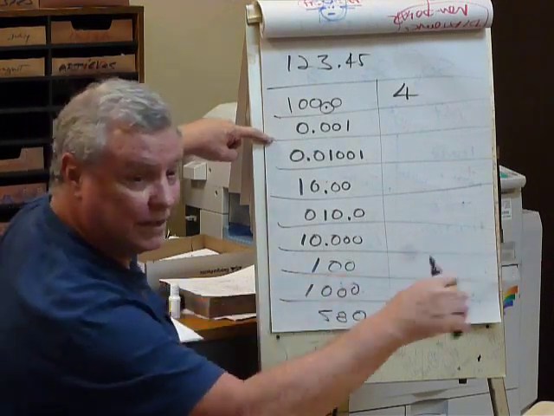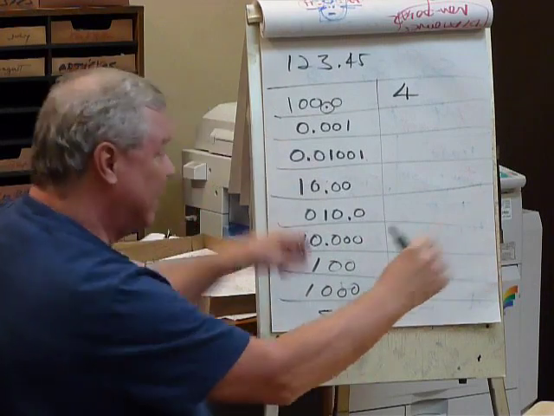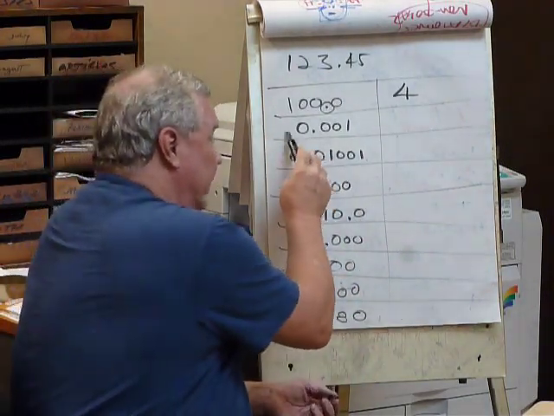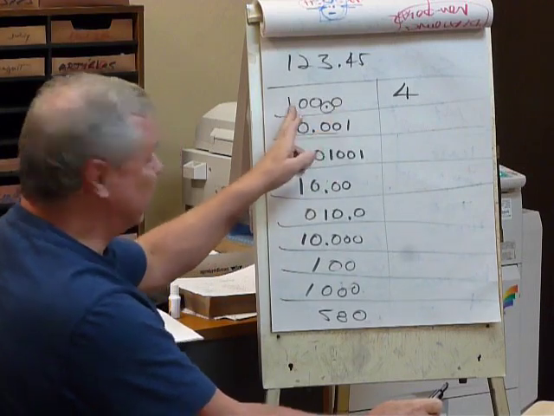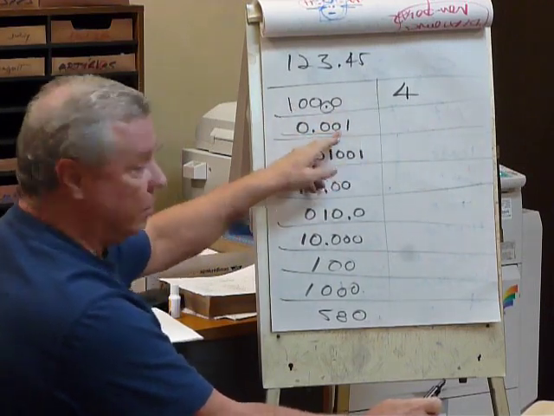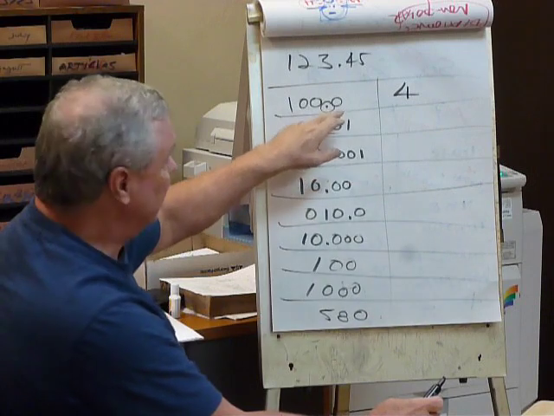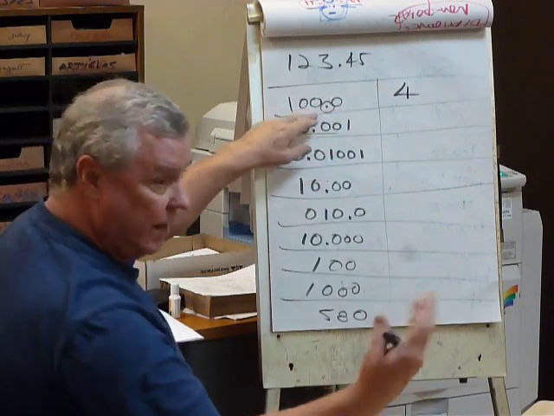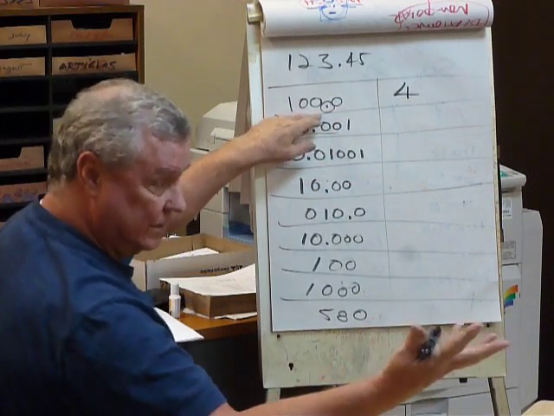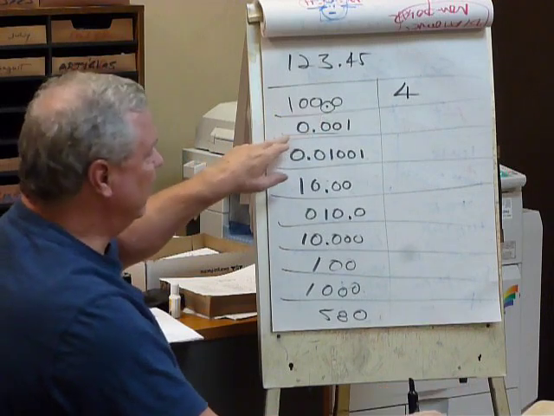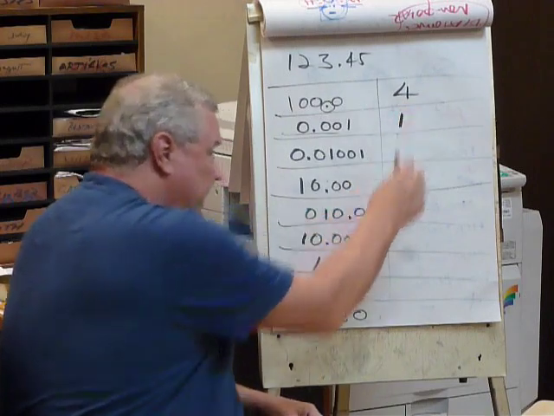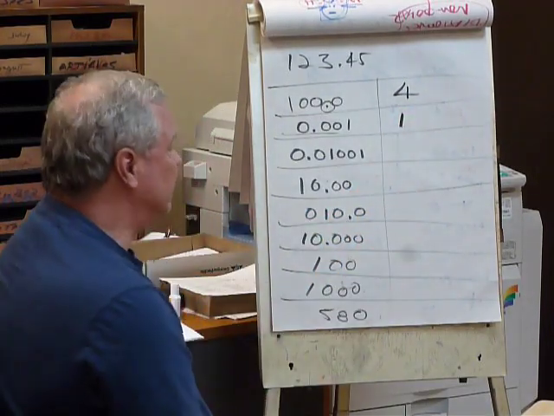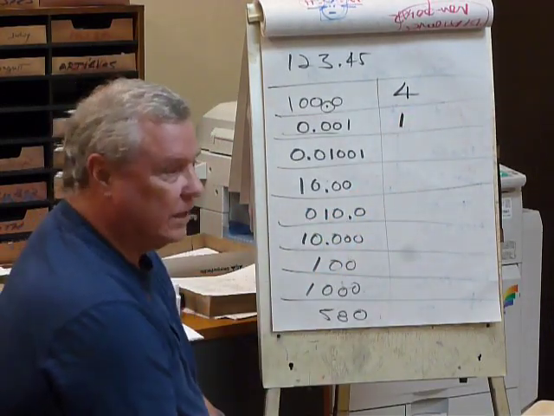Scott, my man, says 1. Oh, because they're... Second rule. These are leading zeros. They come before the first number. Trailing zeros come after the last number. Leading zeros come before the first number. Do trailing zeros count? Yes, with a decimal. How about leading zeros? No. Never count. Leading zeros never count. So there's 1 sig fig here.